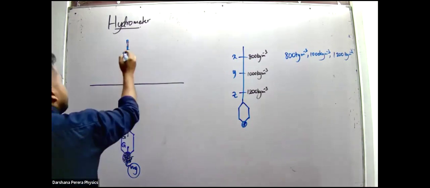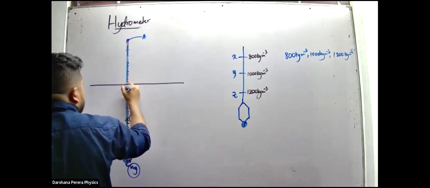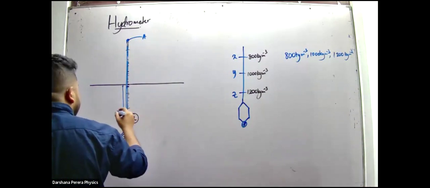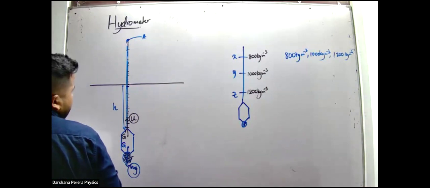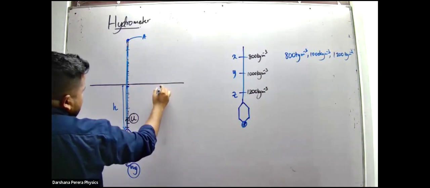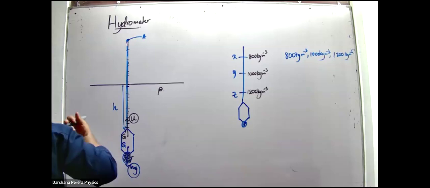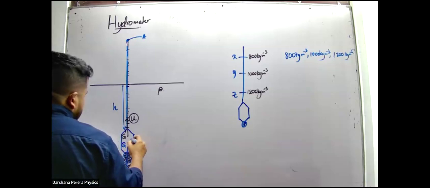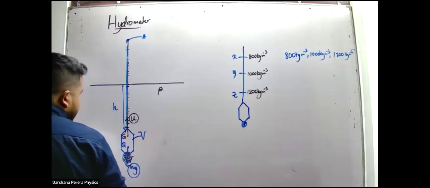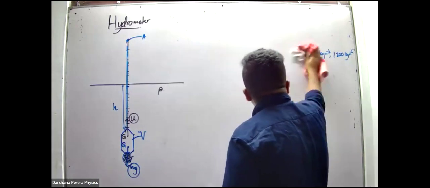The area of this stem is A, and the height is H. The density of the liquid is rho. The volume of this one is V.